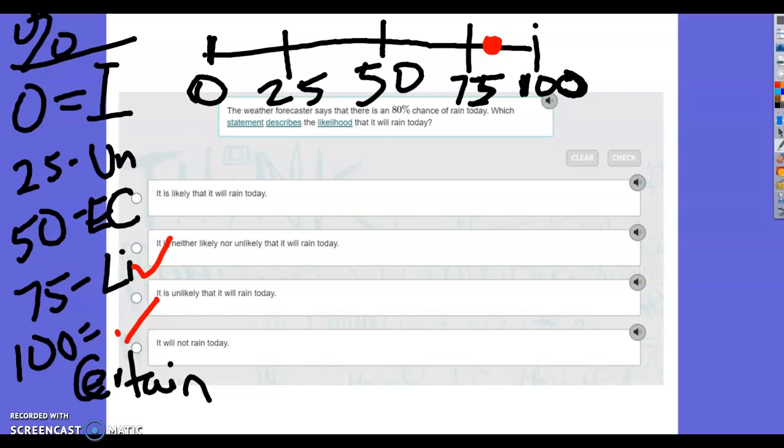It is likely that it will rain. It is neither likely nor unlikely. It is unlikely. So where does that fall? You're absolutely right. It falls here as likely because it is between 75, that is likely, and certain. It is not certain because it's not 100%. But it is closer to 75. The number 80 is closer to 75 than it is 100. But again, it has to be 100% to actually qualify as a certainty.